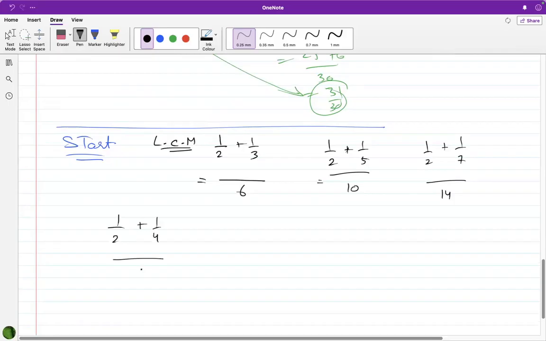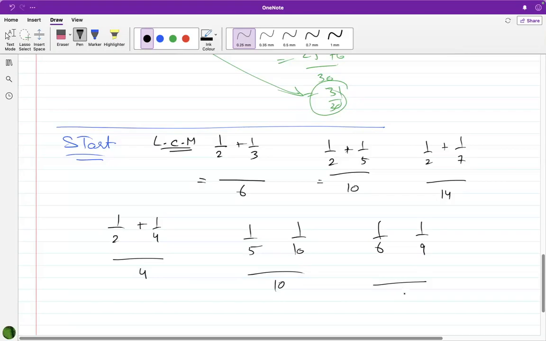LCM is 4. Correct. 1 by 5, 1 by 10. LCM is 10. Correct. 1 by 6, 1 by 9. LCM is 18.